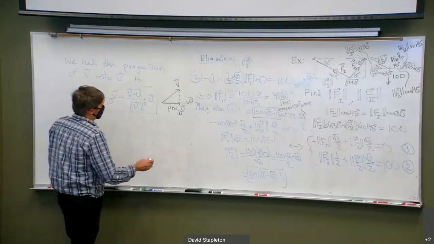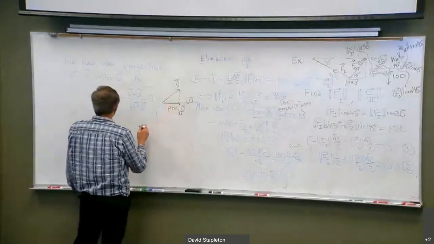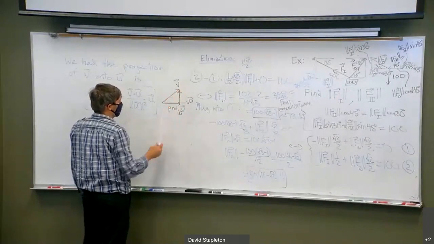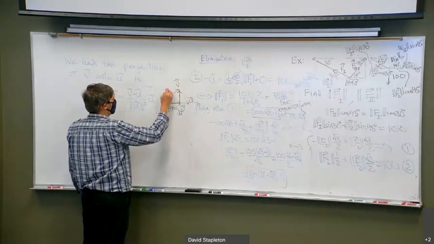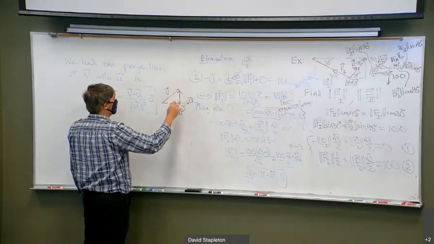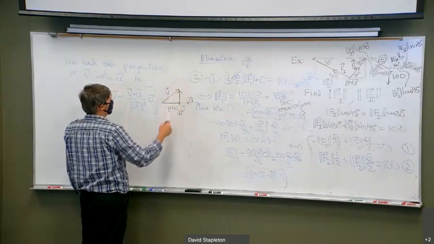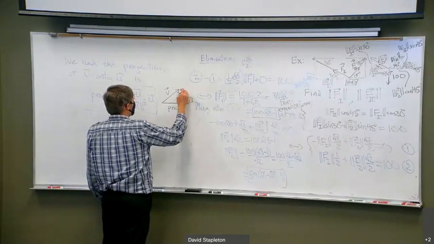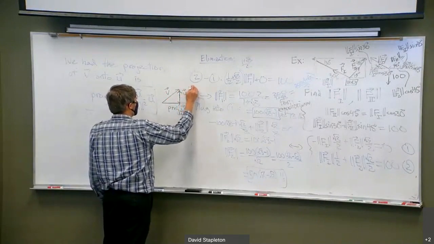What we now do is we also say, well, this vector here, sometimes called the vector component of v orthogonal to u, is this one. This is v minus the projection.